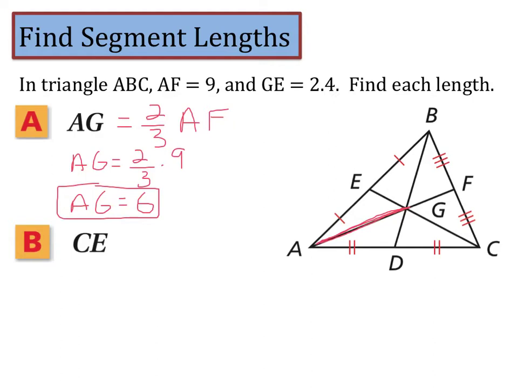Now let's find the length of CE. So, using the centroid theorem, we know that segment CG has to equal 2/3 of CE.